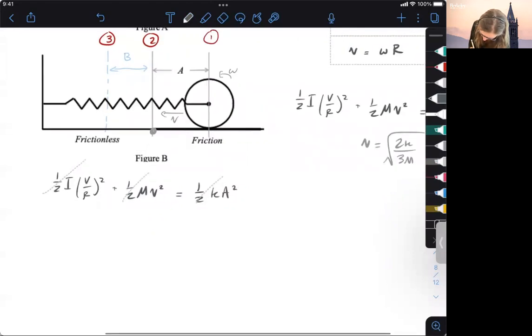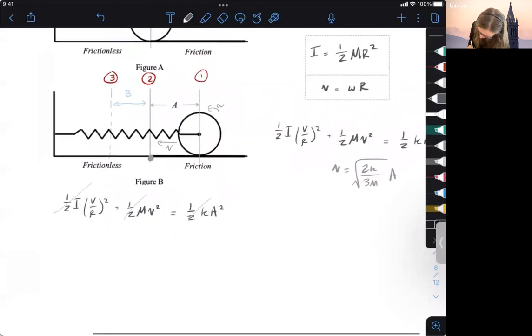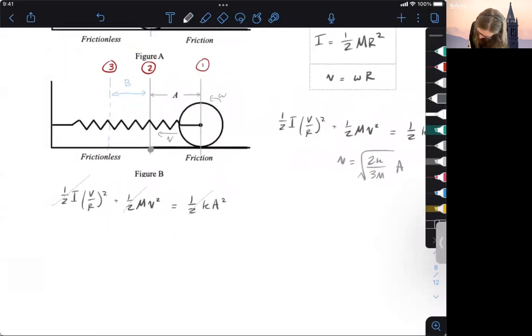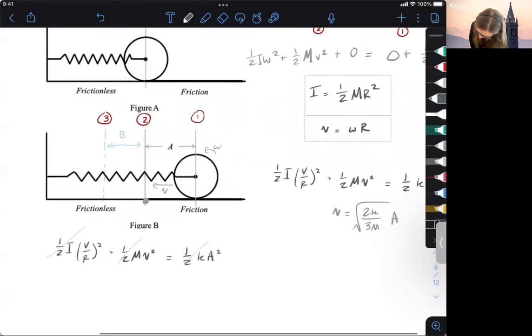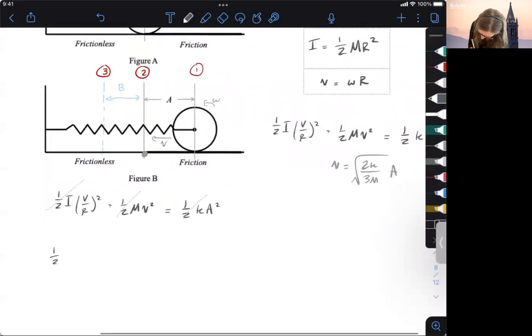So I is equal to, what was our I term? 1/2 mr squared, right? 1/2 mr squared for our I term. And then we have v squared over r squared plus mv squared is equal to ka squared. And we're trying to solve for v.